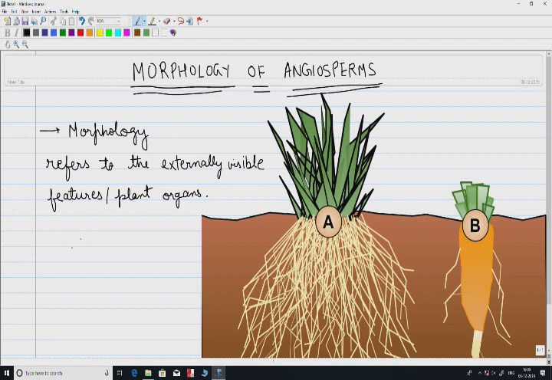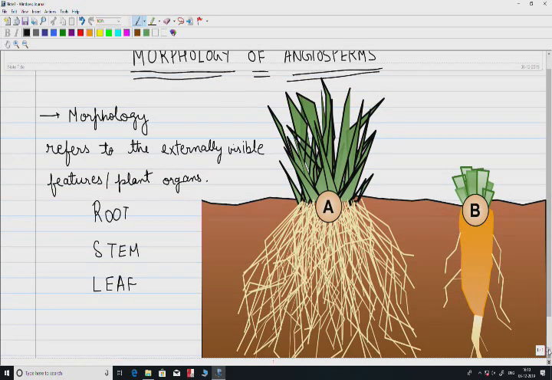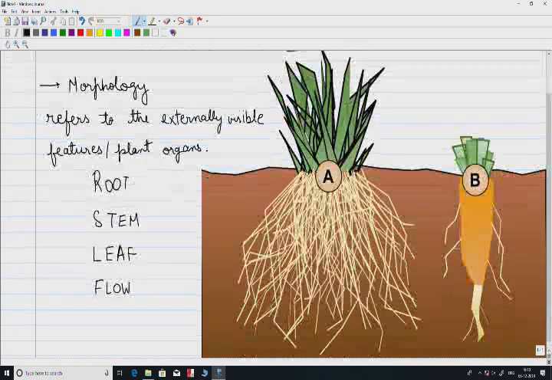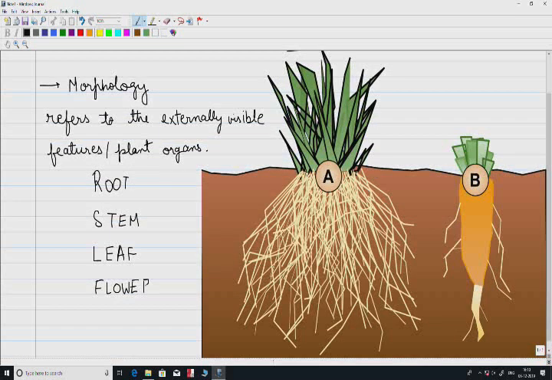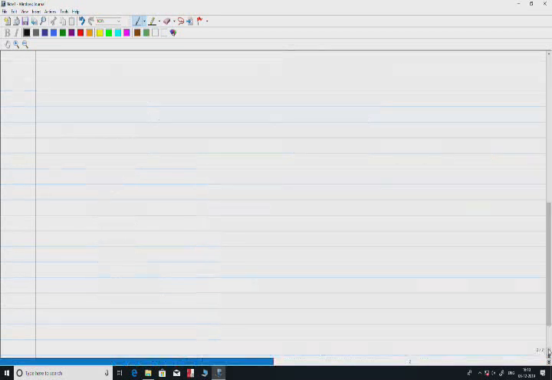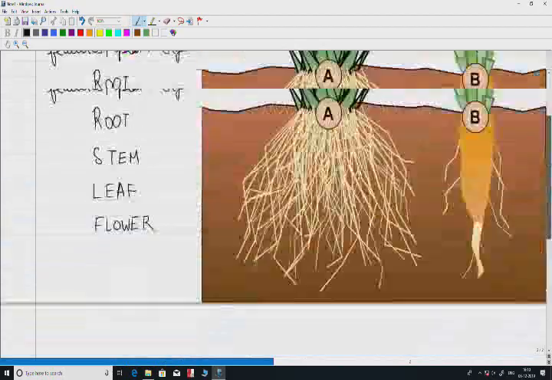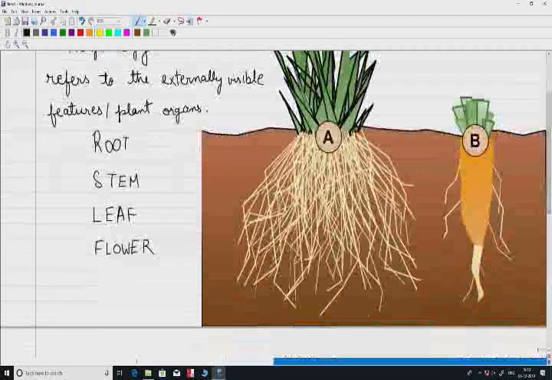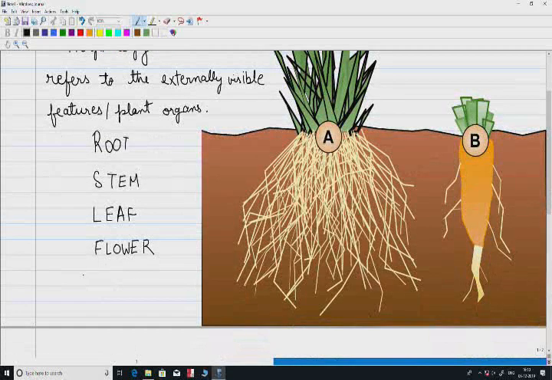We are going to talk about root. We will start from the root. Then we will move on to stem or shoot: root, stem, leaf. Anything else remaining? Flower. Root, stem, leaf, flower. And after studying a little bit about flower, we are also going to start inflorescence along with it.